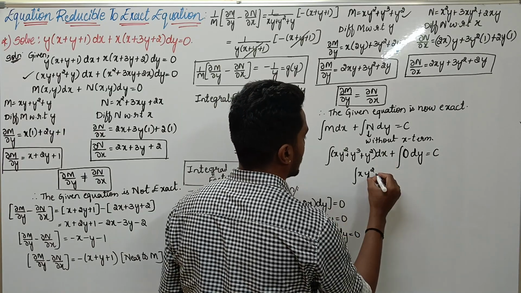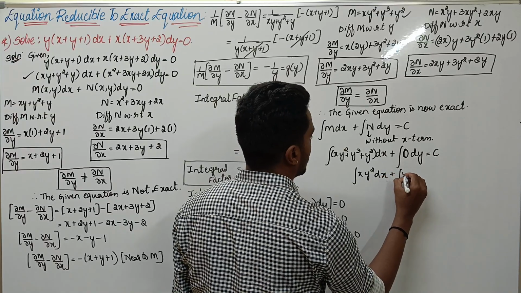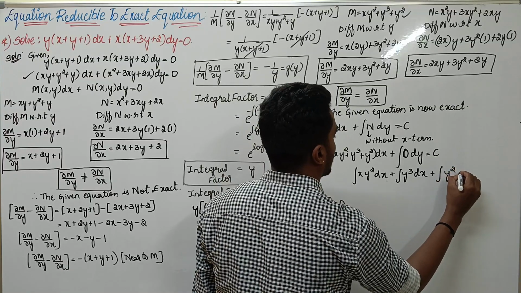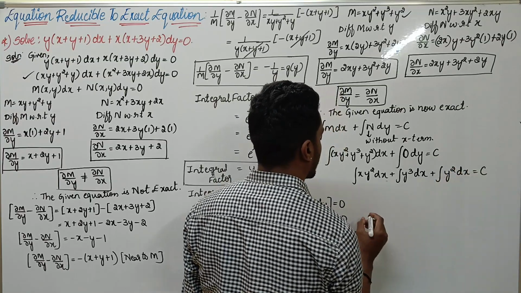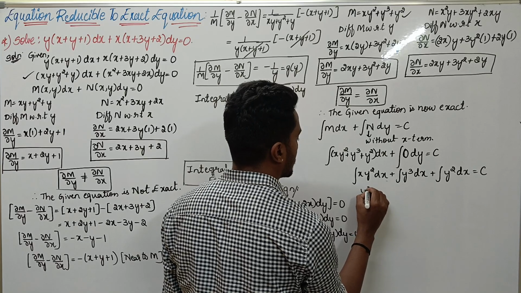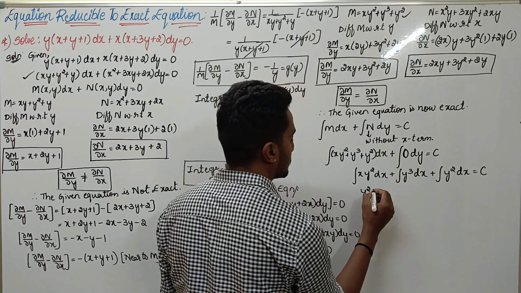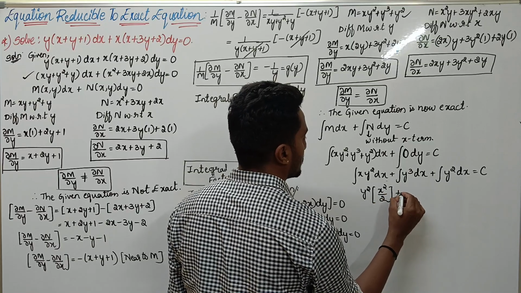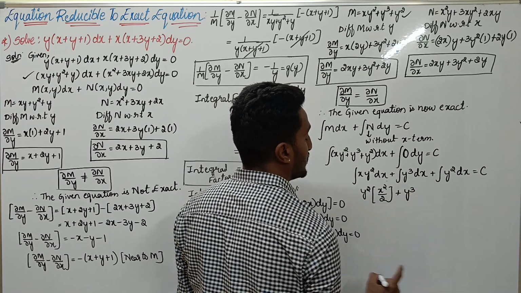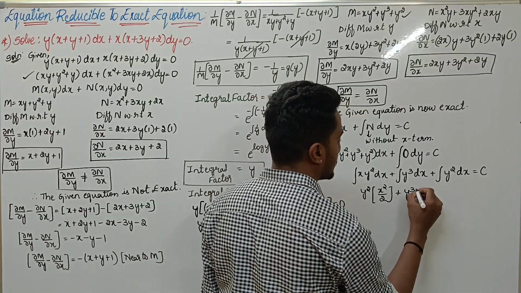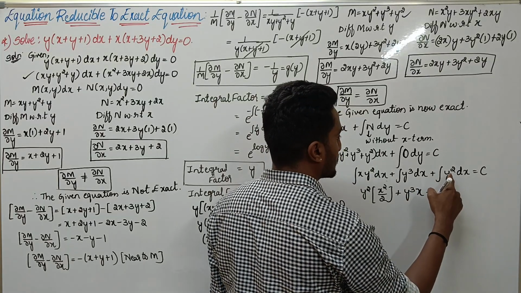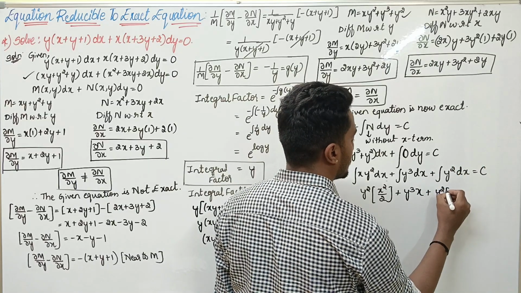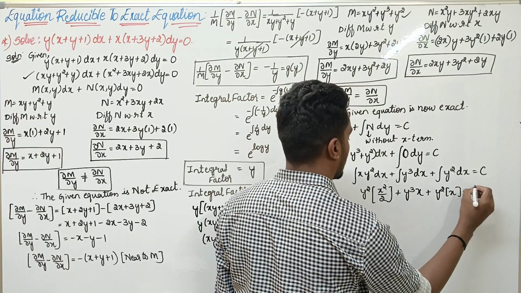integral of xy² dx plus integral of y³ dx plus integral of y² dx equal to c. Where y² remains constant, integration of x with respect to dx is x²/2, plus y³ remains constant, integration of 1 with respect to dx is x, plus y² remains constant, integration of 1 with respect to dx is x, equal to c.